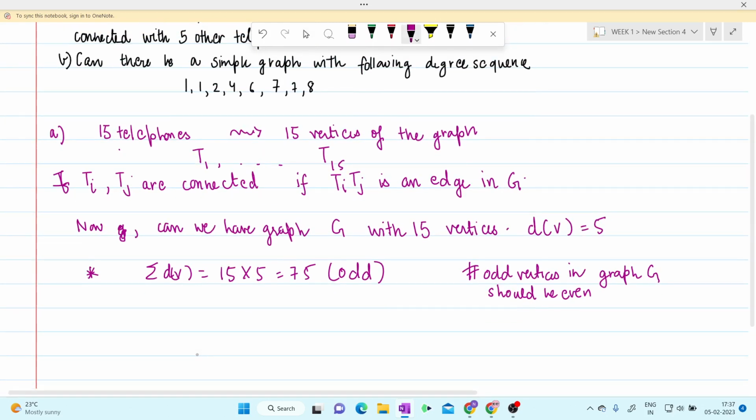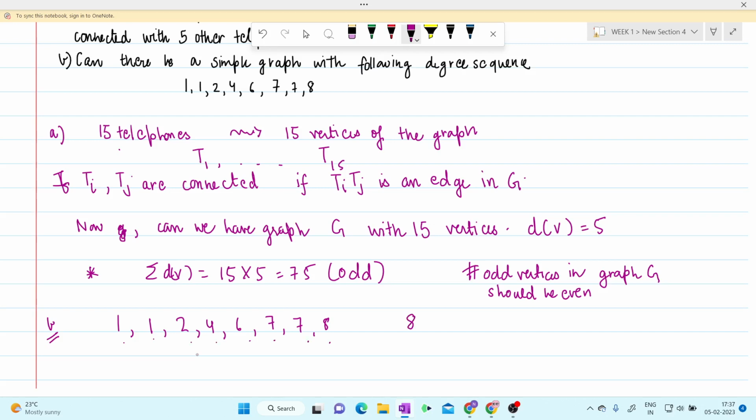Now the second problem is this: can we have a simple graph with the following degree sequence? So what is a degree sequence first of all? A degree sequence is basically listing down the degree of each vertex in ascending order. So you see here we have 1, 2, 3, 4, 5, 6, 7, 8.